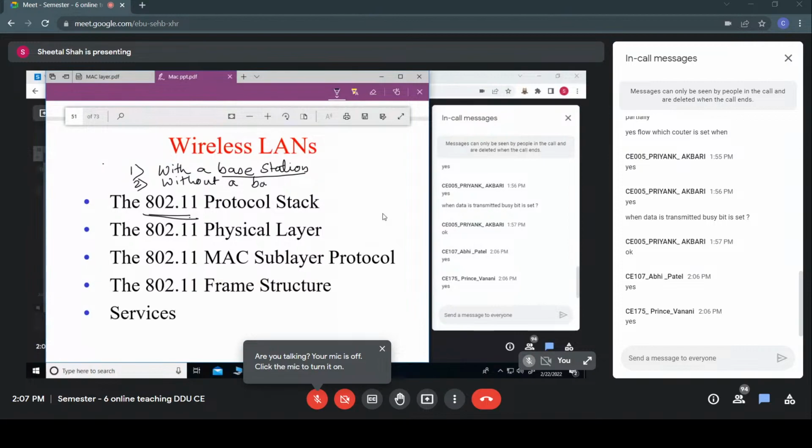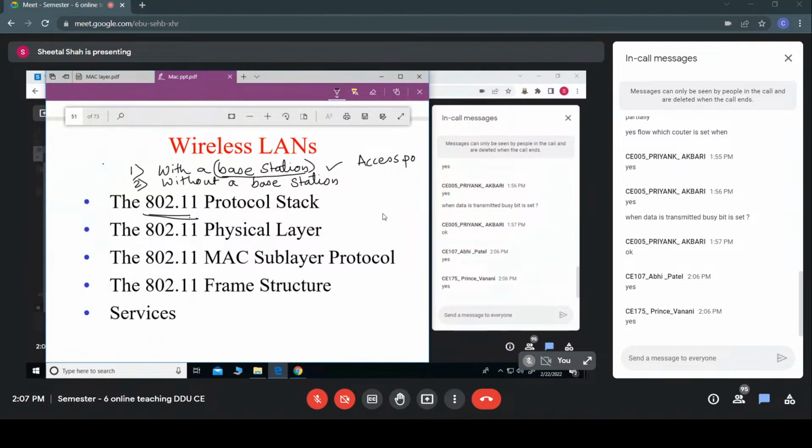That means there is no central control for the stations within the region. The base station is also known as an access point. Whereas sometimes we don't have any base station, and all the stations within the region have to manage themselves.